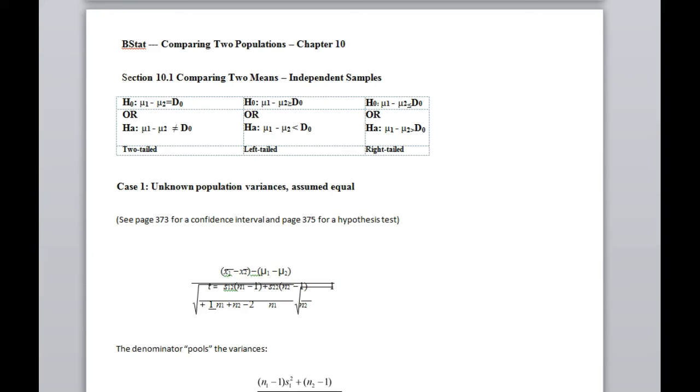Okay, what we're going to learn in Chapter 10, so all of those we compared to some kind of believed value of the population parameter, right? The population parameter being mu, or sigma, or p.